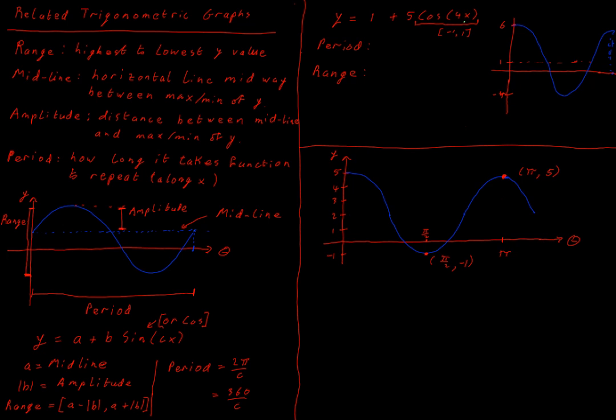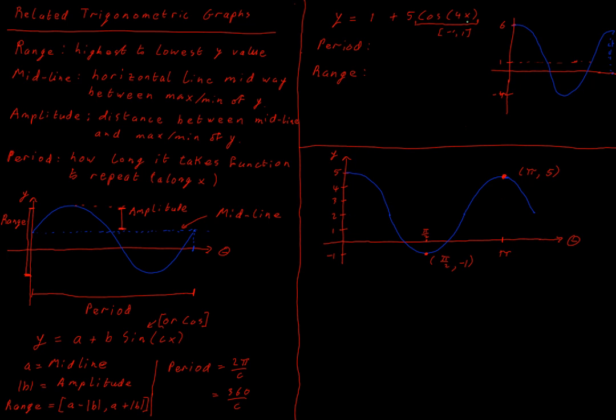So if I think about different values of angle that I could put in, if theta, or x, was 30 degrees, I'd end up with the angle inside here effectively being 4 times 30, which is 120. So I'm increasing my angle 4 times quicker than I usually would.